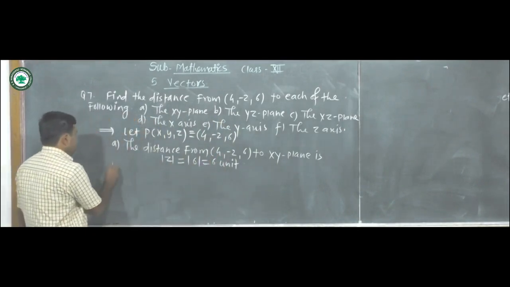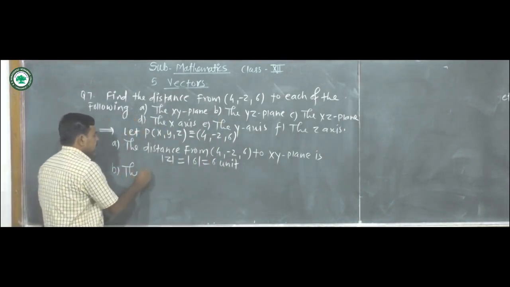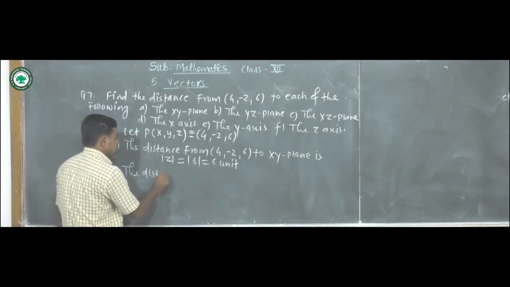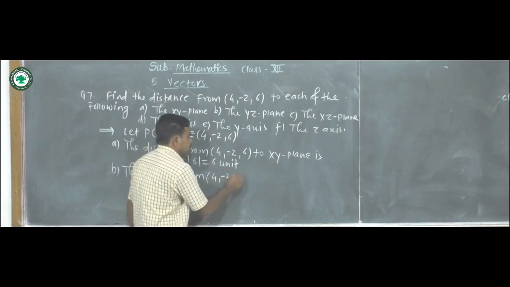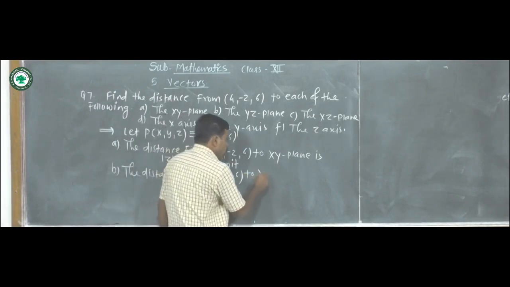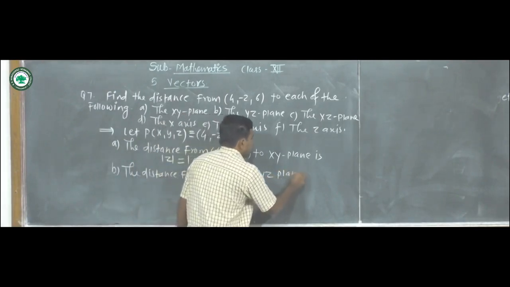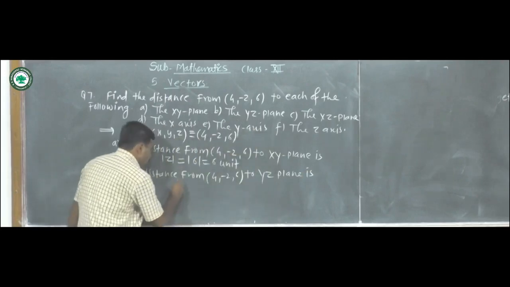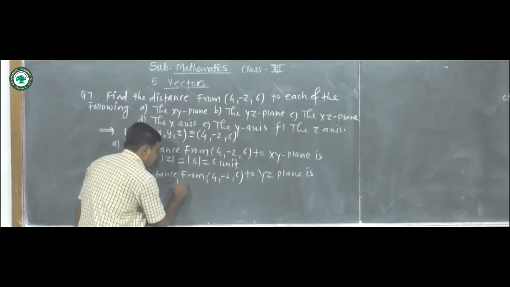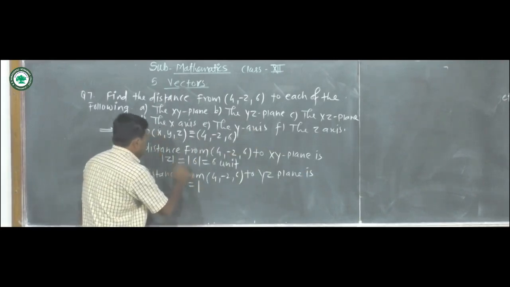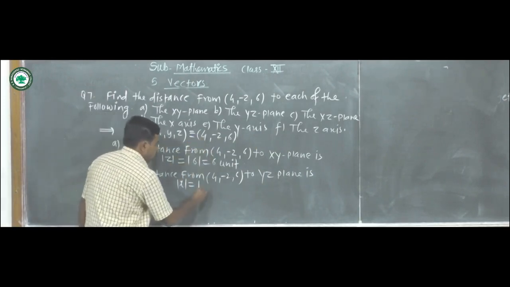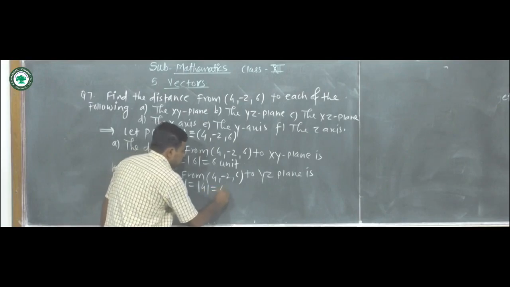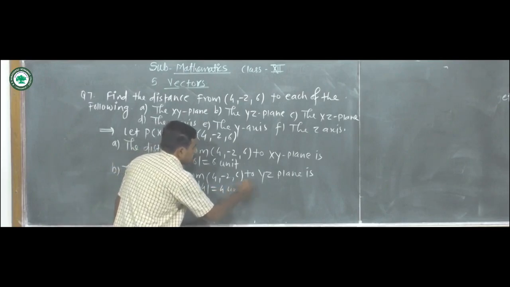So here B, the distance from 4, minus 2, 6 to YZ plane is modulus of X, and it is equal to, what is X coordinate here? 4. X coordinate is 4, so modulus of 4, and it is equal to 4 units.